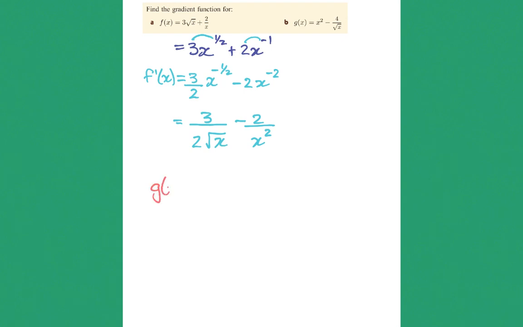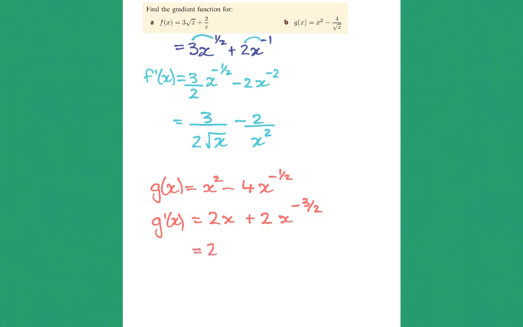Okay, now the next one. We've got x squared minus 4 over root x. Now we know that root x is x to the power of a half, so 1 over root x is x to the -1/2. So let's write it like that. Now g dash x equals 2x plus 4 lots of a half, which is 2x to the -3 on 2.